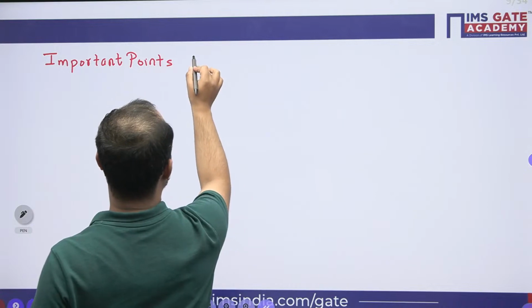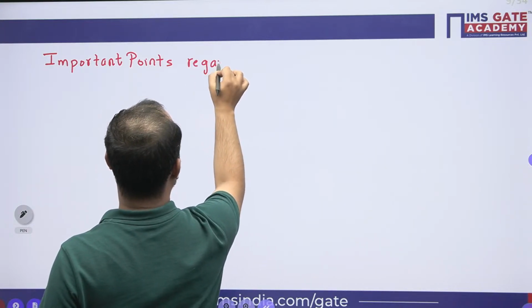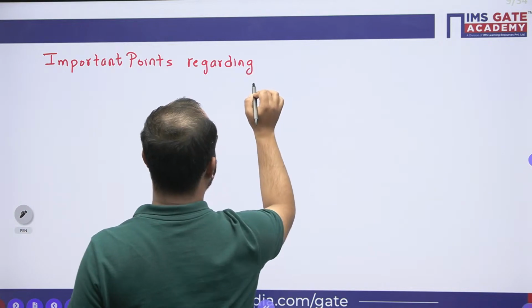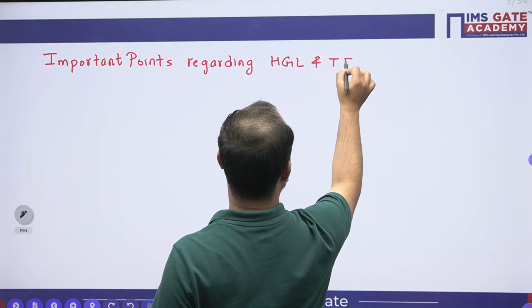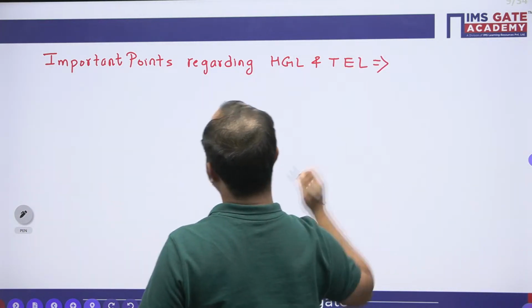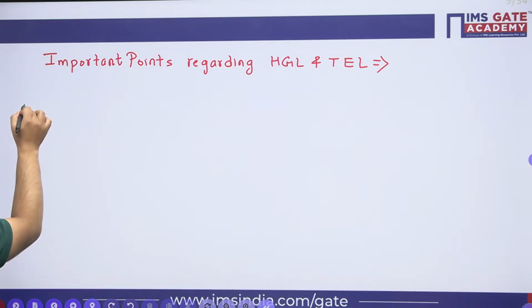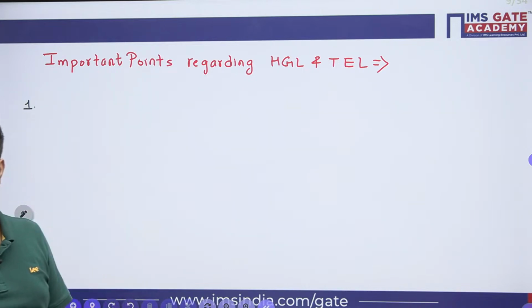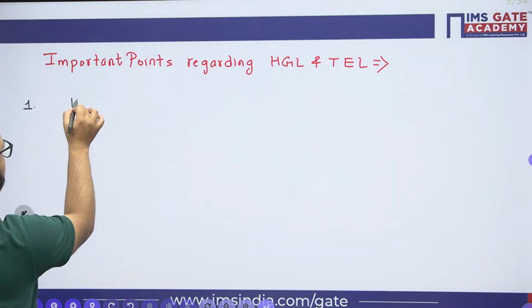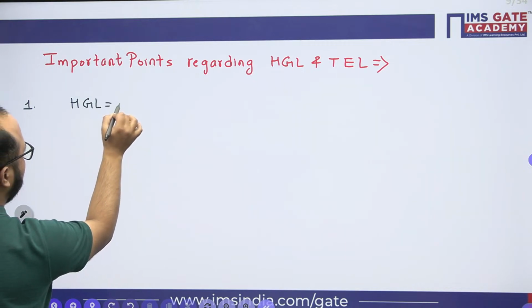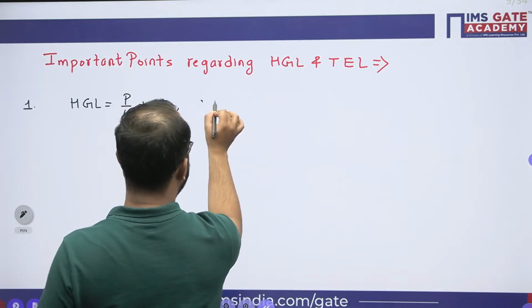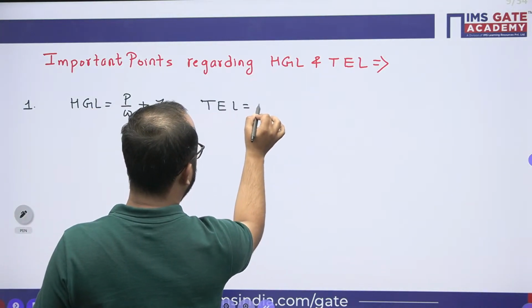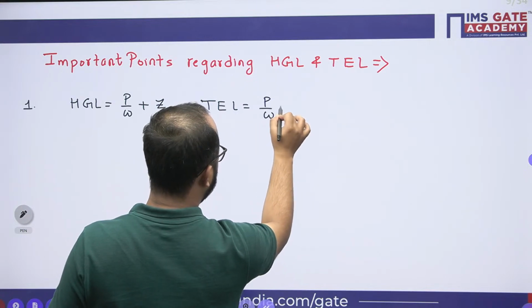Important points regarding HGL and TEL. Okay. Regarding HGL and TEL, what is the first point? First point, simply I will write the relation. For HGL it is pressure plus datum, whereas in TEL it is the summation of all the energy forms.